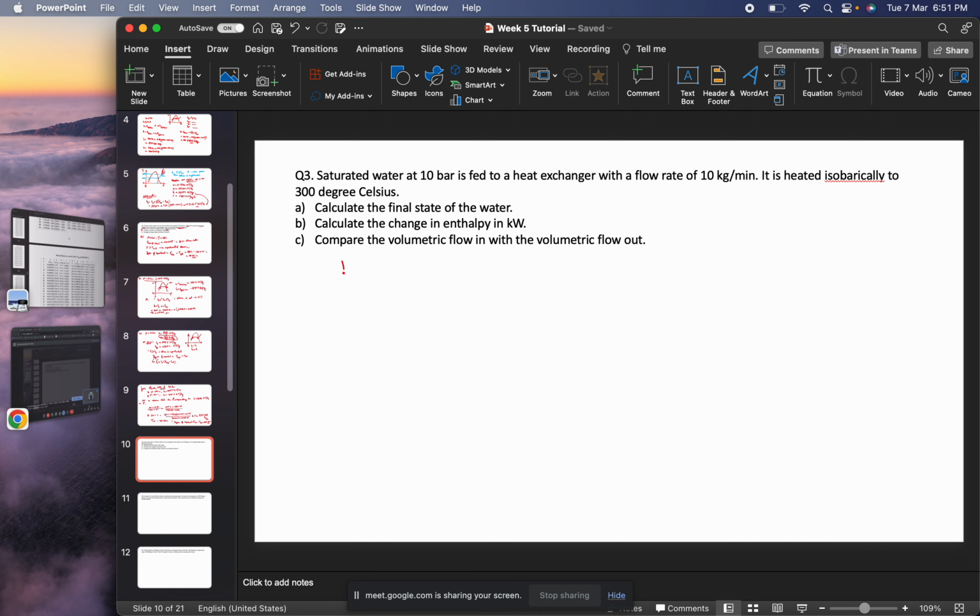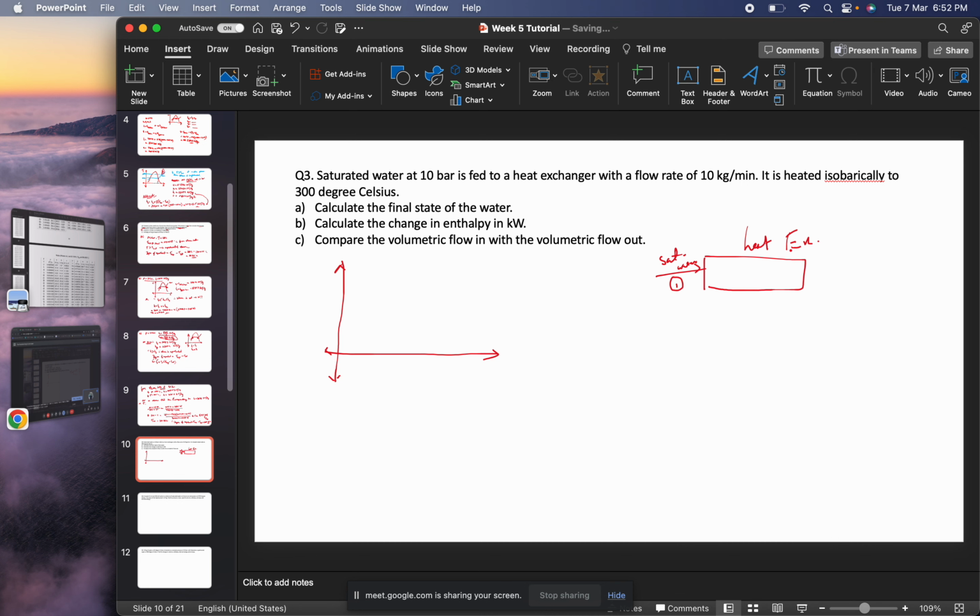So what is it telling us? There is a heat exchanger. Suppose this is my heat exchanger, and here I am putting saturated water, that means this is my state 1.